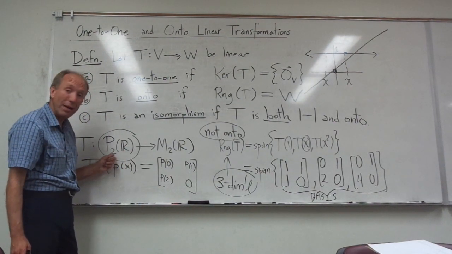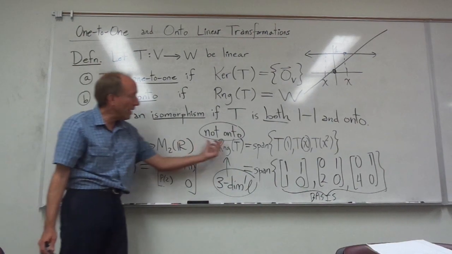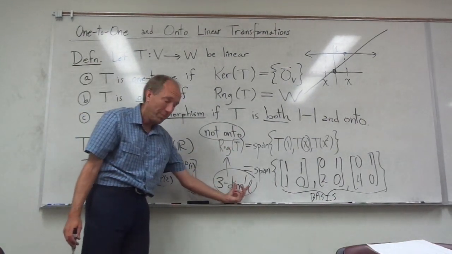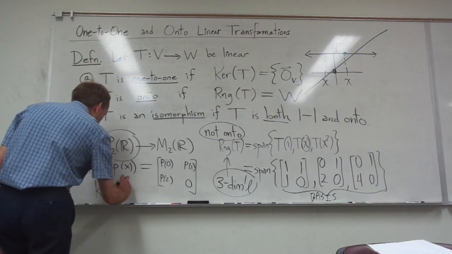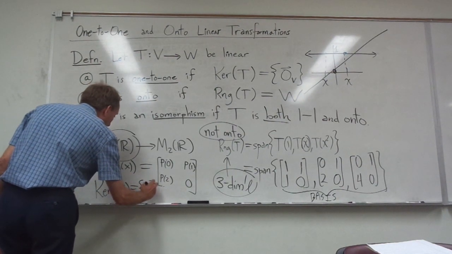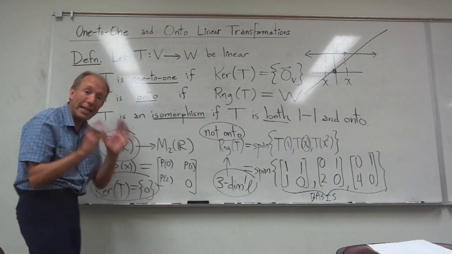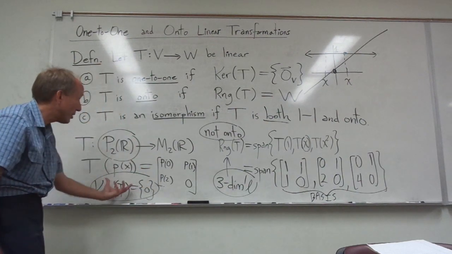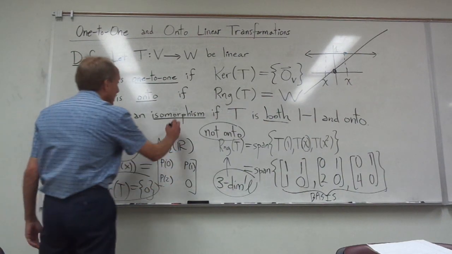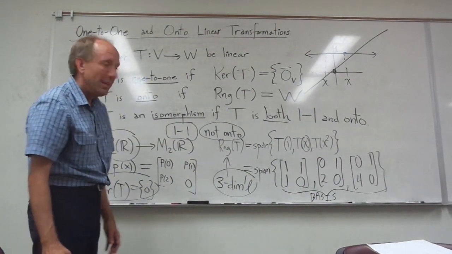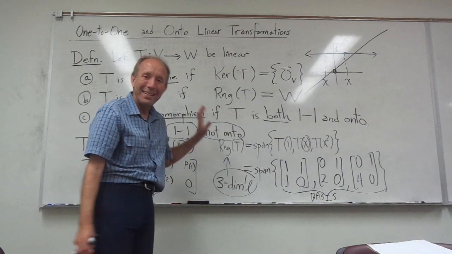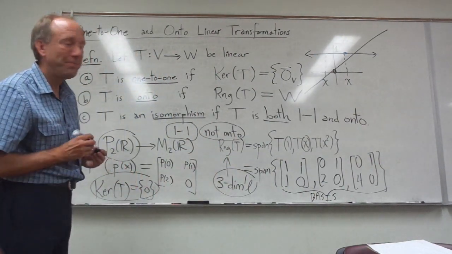So I have a 3 right here, and the range is already 3-dimensional, so the kernel has to be 0-dimensional. The kernel, even without calculating it directly, I know it's 0-dimensional. And that means that this transformation is 1-to-1. It's 1-to-1, but it's not onto.